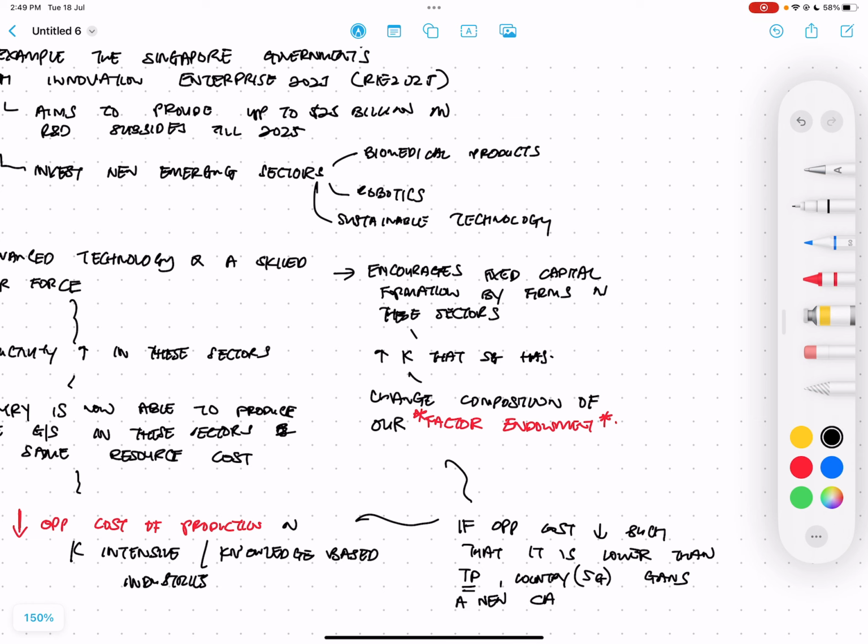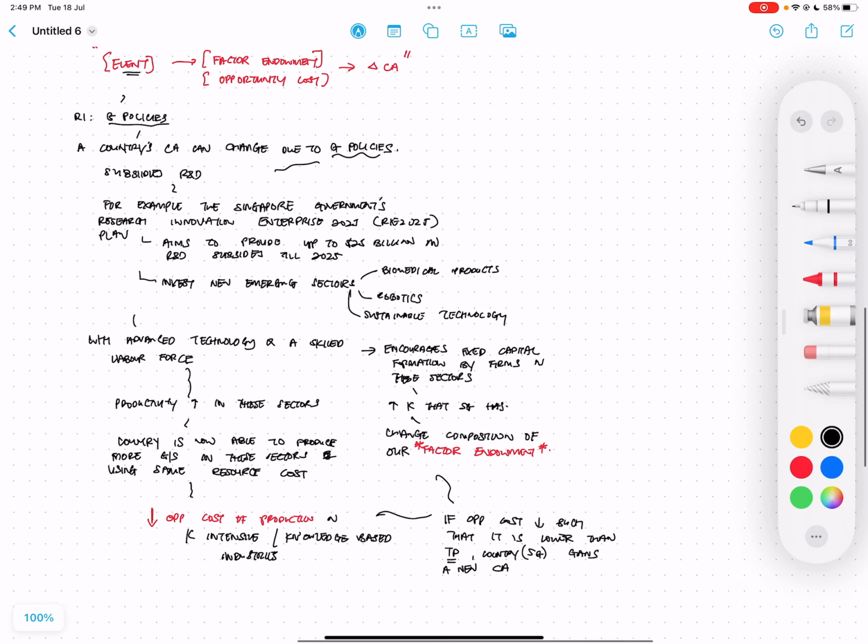This is how we can change our country's comparative advantage.